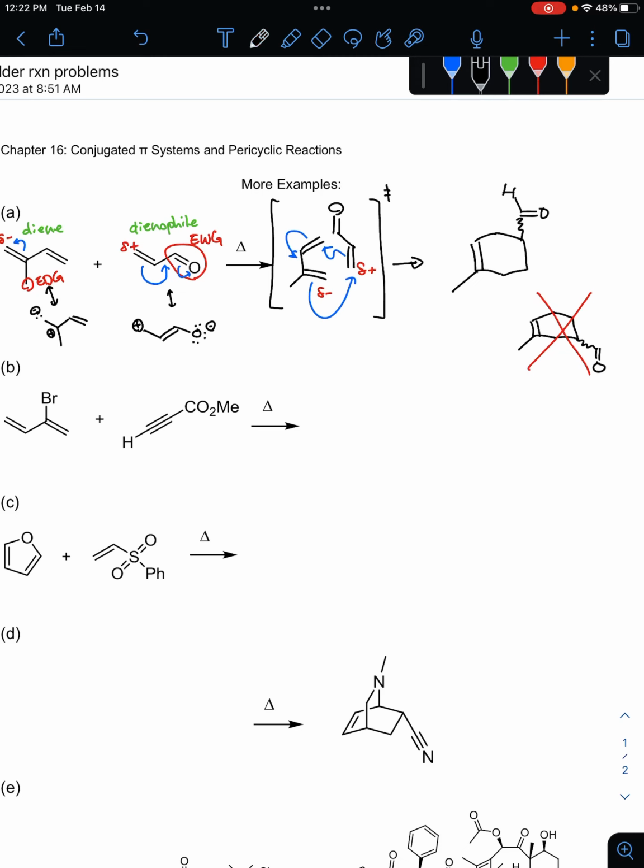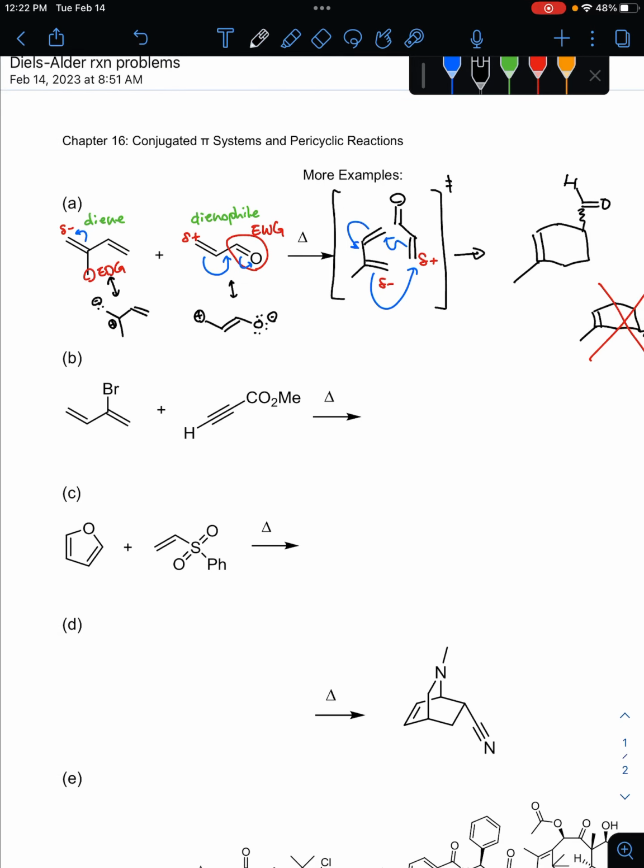Okay, all right, let's think about this second problem. And this one's kind of an interesting one, because the diene is, of course, that. The dienophile is an alkyne right here, and I want you to know that alkynes, obviously, have 2 pi bonds, so one of those can participate in a Diels-Alder reaction, just like the alkene dienophiles that we've been seeing in our class so far.